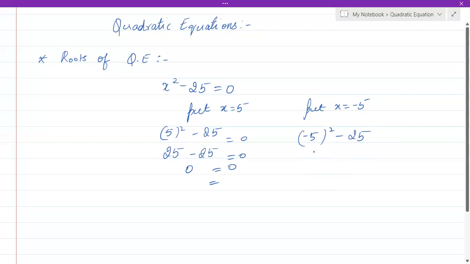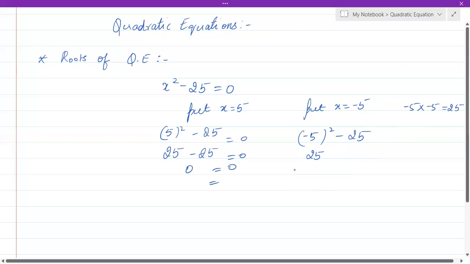Minus 5 the whole square is 25 itself. Minus 5 into minus 5 becomes plus 25. Okay. So 25 minus 25 equal to 0, which implies LHS and RHS both are equal to 0. That is, x equal to minus 5 is satisfying the equation, and x equal to 5 is also satisfying. Let's take another example.